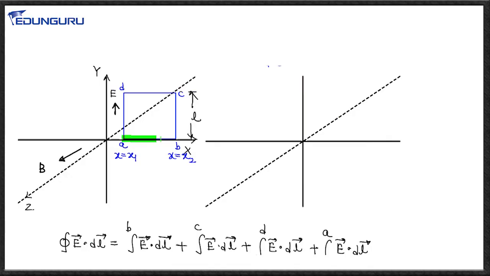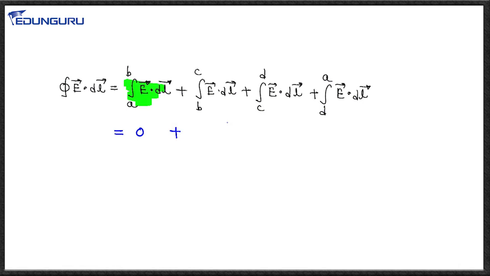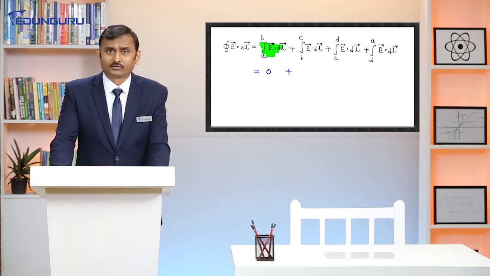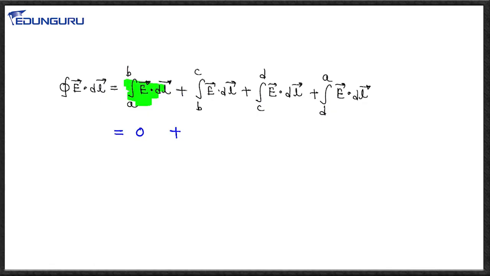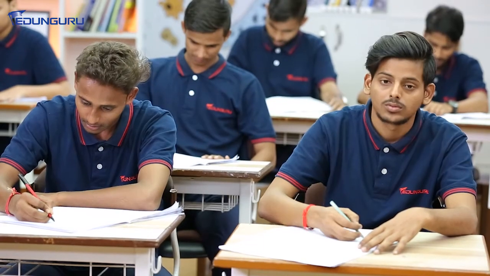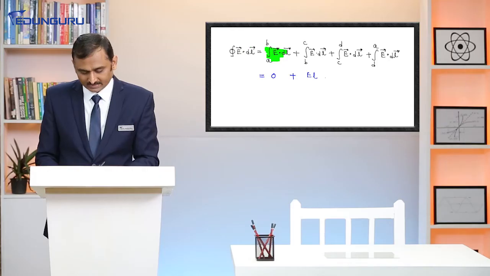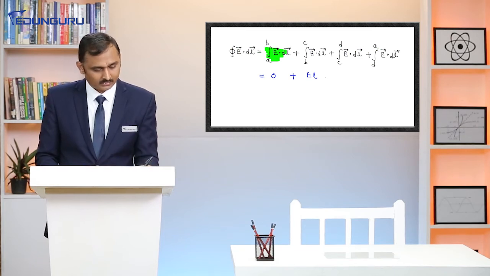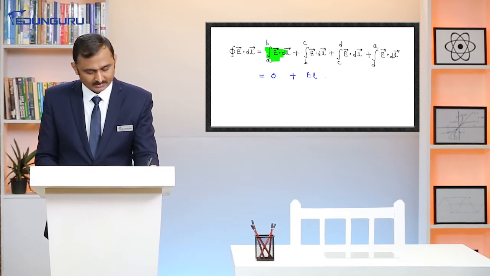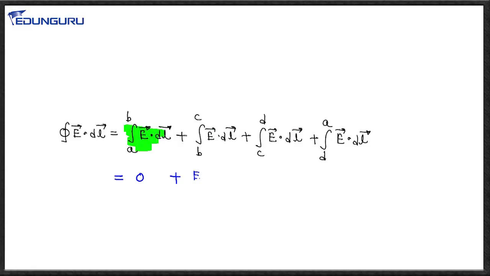Now, in the first case, AB is perpendicular to E, so this term becomes 0. Plus E dot dl from B to C. It is along the direction of field E, and the length is L. So this is E into L, at x2. So let's write this as E at x2 into L, where the value of x is substituted by x2 in this case.